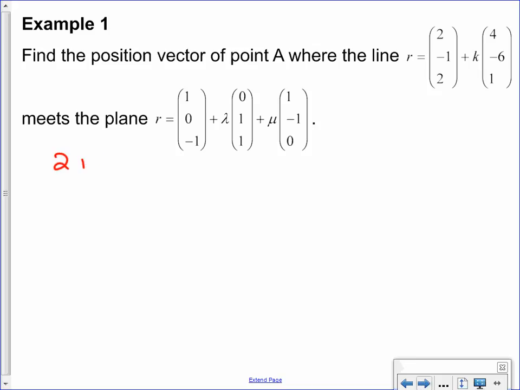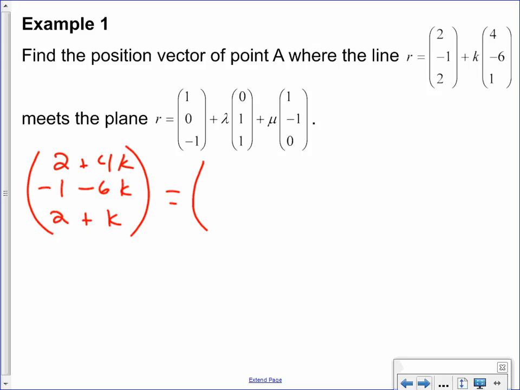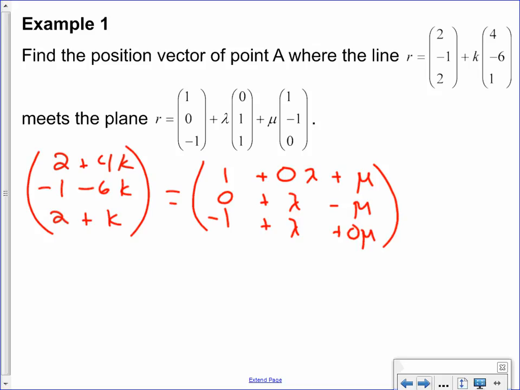So 2 plus 4k, negative 1 minus 6k, and then 2 plus k is equal to 1 plus 0 lambda plus mu, and then 0 plus lambda minus mu, and negative 1 plus lambda plus 0 mu. No mu.